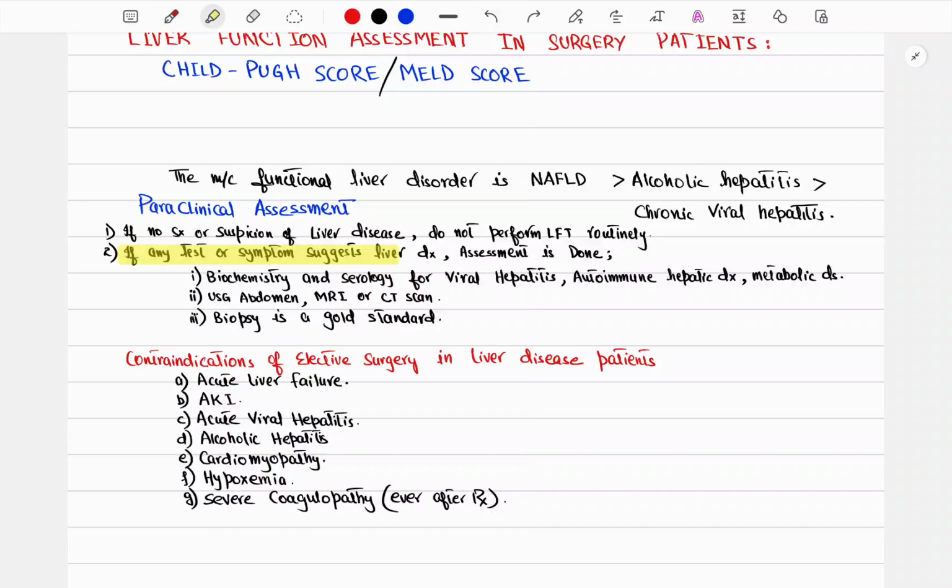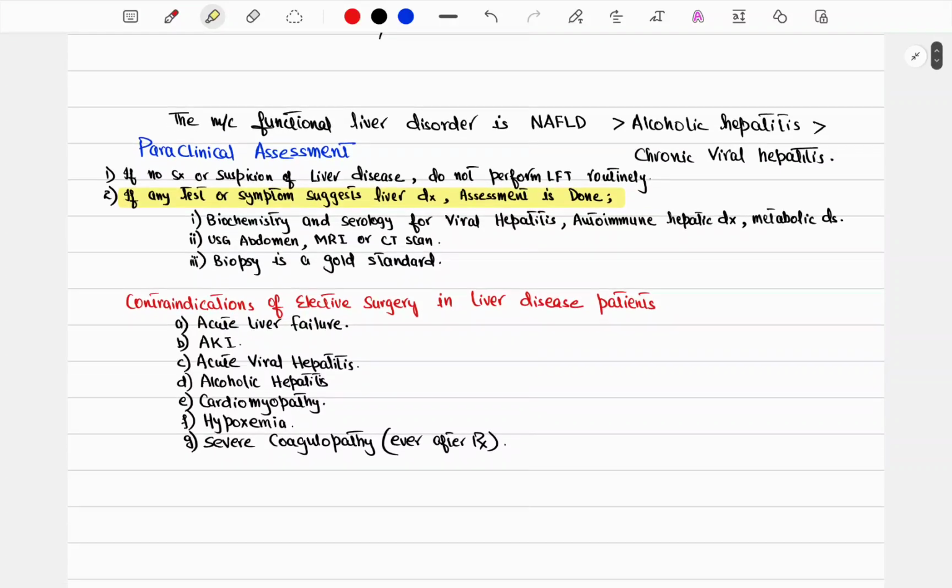We should do biochemistry and serology for viral hepatitis, autoimmune hepatic disorders and metabolic disease. USG abdomen is done, MRI or CT scan can also be done, but biopsy is the gold standard to reach any diagnosis related to the liver.